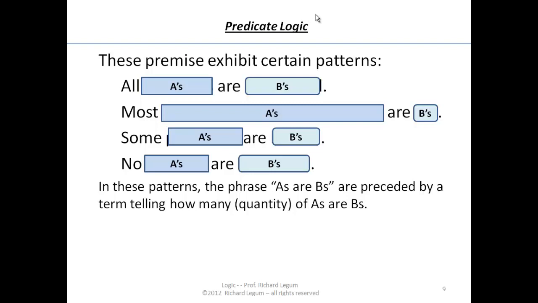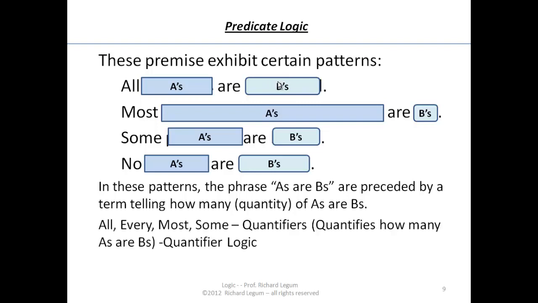And when we're looking at how many, we're talking about quantity of A's. In the case of the first one, everyone, all of them, as many as there are. The second one, most of them. The third, just some of them. And the last one, none of them.